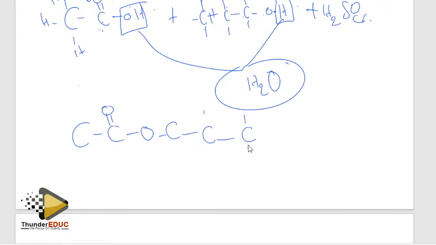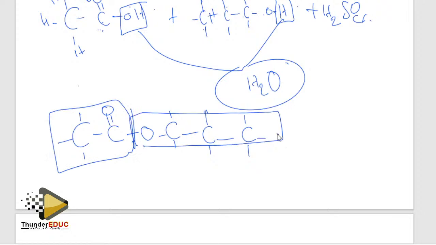So basically, it's going to be like that. Please don't forget to put the hydrogens. The hydrogen 1, 2, 3, 4. Yeah, so that's how it looks. But now, this is where that one comes from, while this becomes the alcohol, and then this becomes the carboxylic acid, because we have this part.